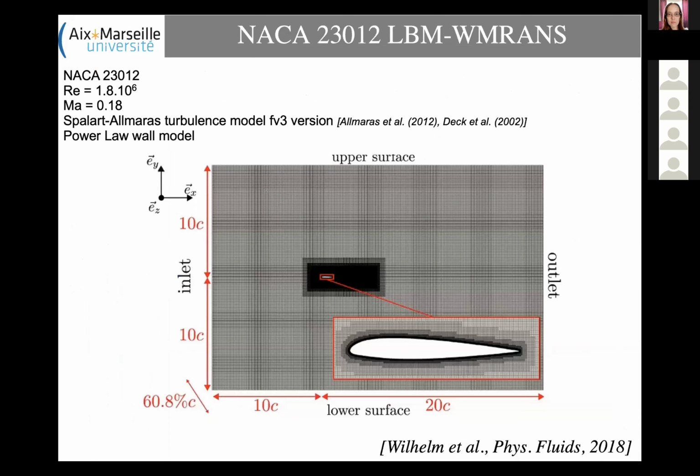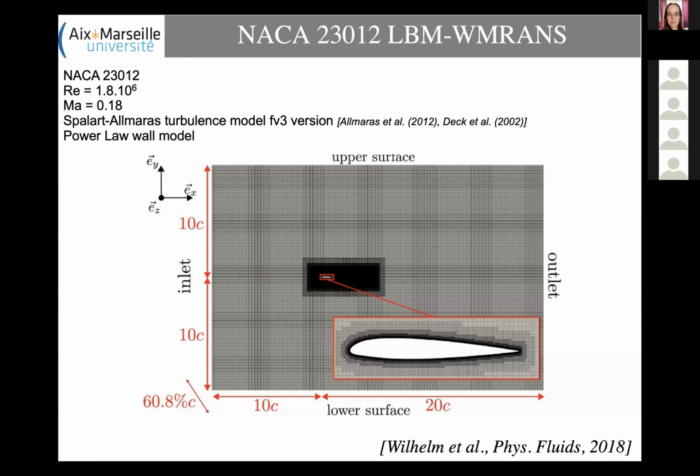So now I'm going to illustrate some recent applications. The first one is just a kind of demonstration. This is a turbulent flow at Reynolds number about 1.8 million in the subsonic regime. This is a RANS simulation with a wall model.